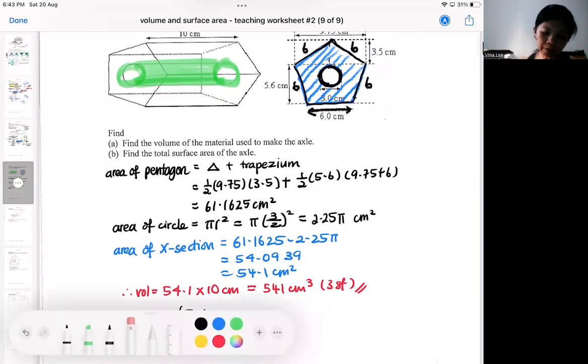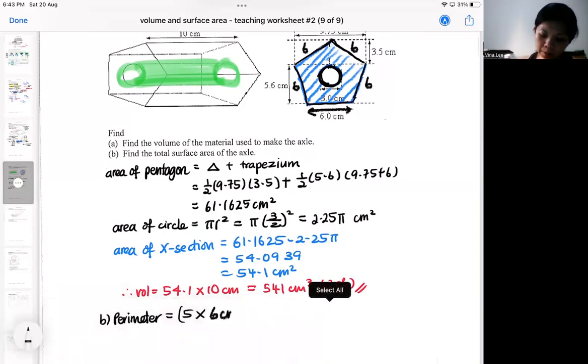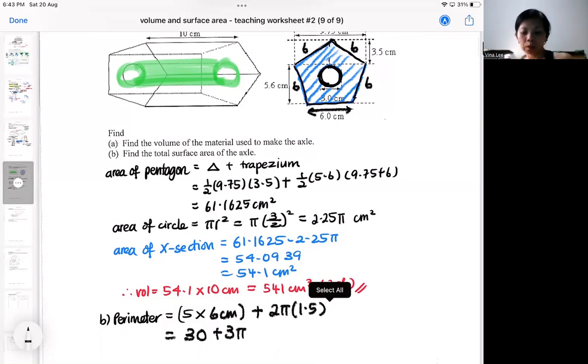So it should be 5 times 6 centimeters. Then you add the circumference, 2 pi r. So that is the perimeter. So the common mistake is people will subtract the circumference. We don't subtract because for perimeter we're adding up all the edges.